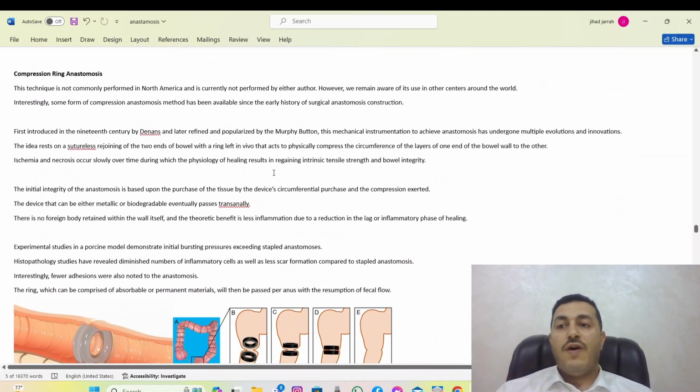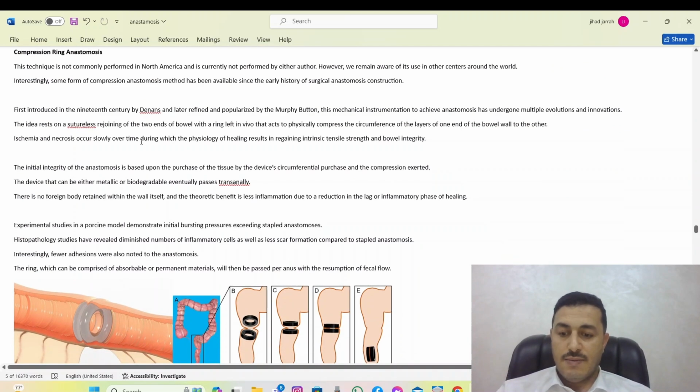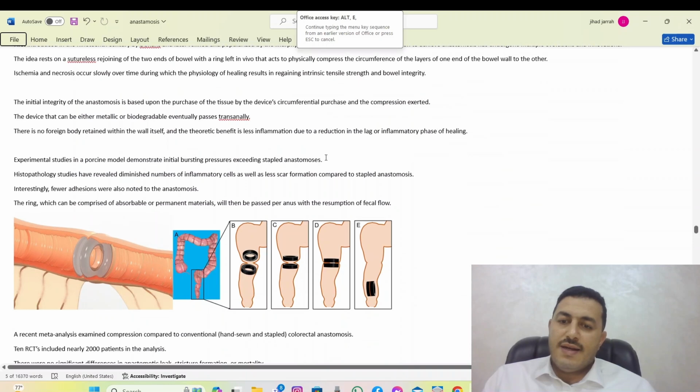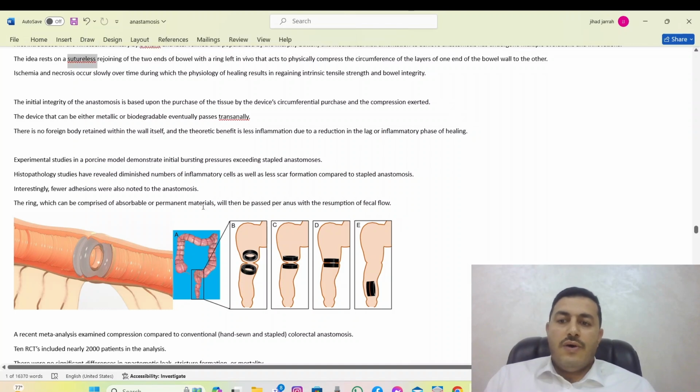Another method of anastomosis construction is the compression ring anastomosis. As you see in this picture, there are two rings that compress the tissue between them and cause a sutureless rejoining of the two bowel ends.